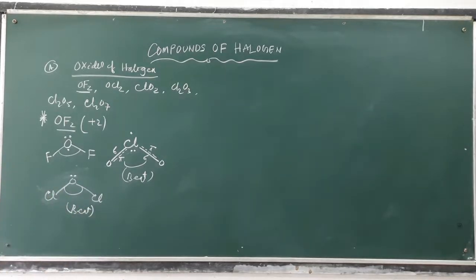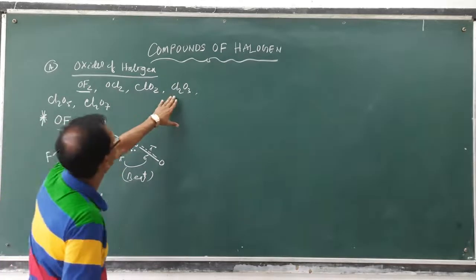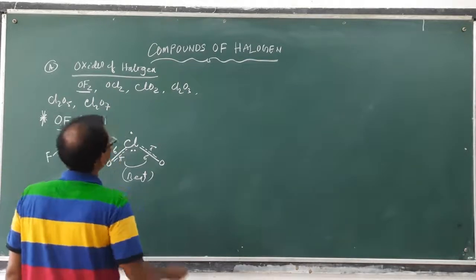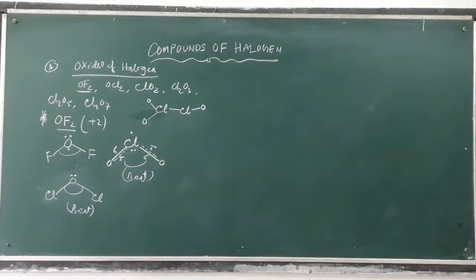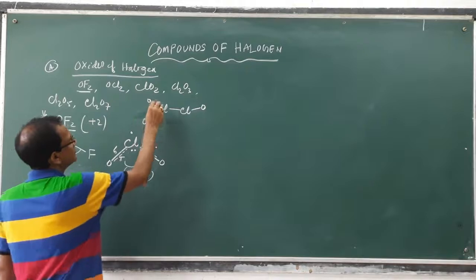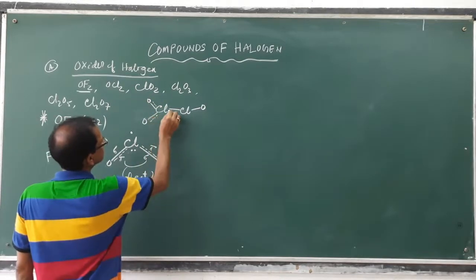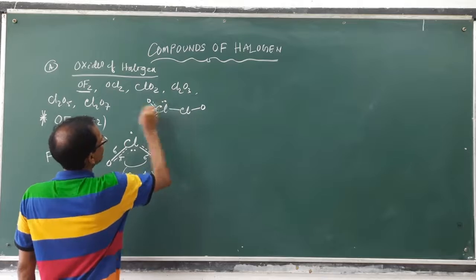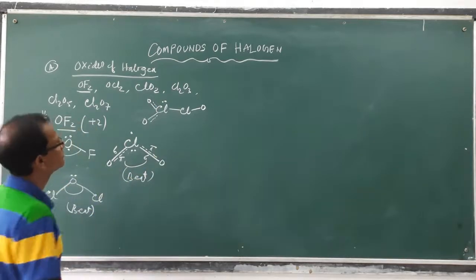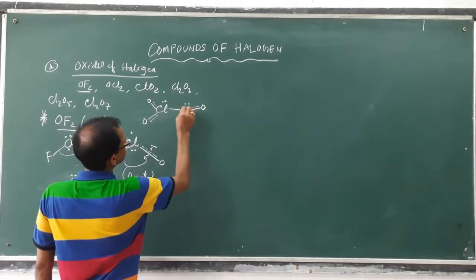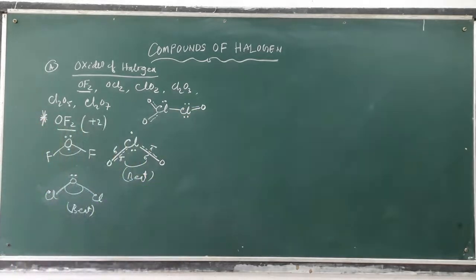Then the structure of Cl2O3: one lone pair will remain here. So this is the structure of Cl2O3.